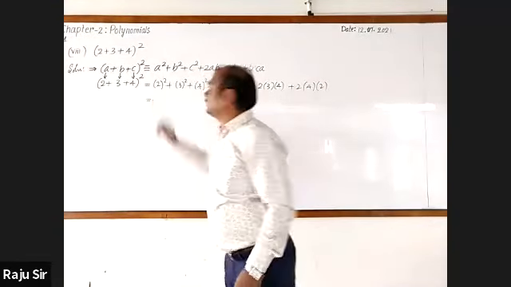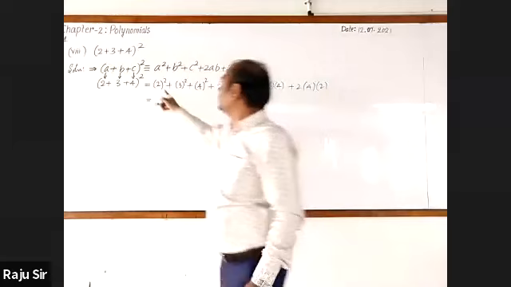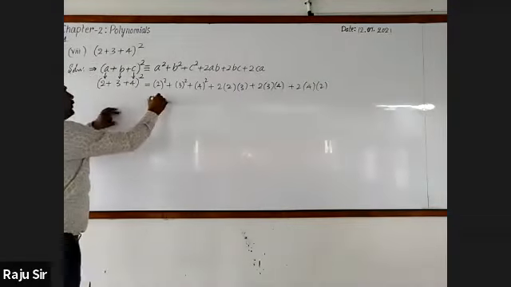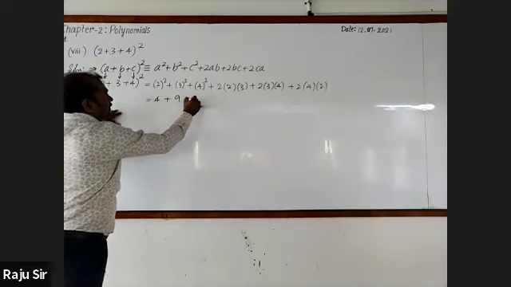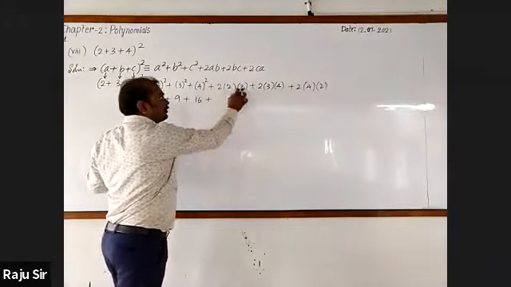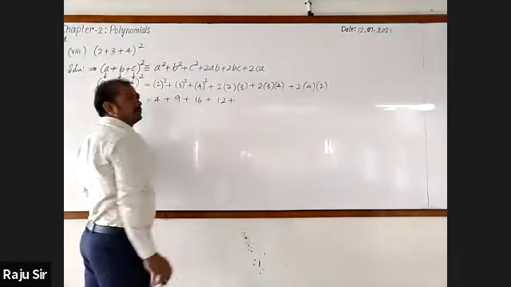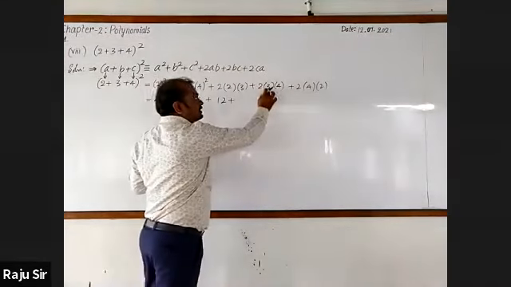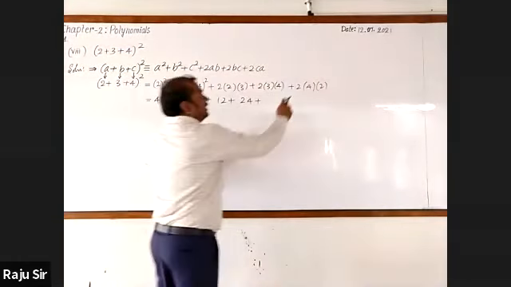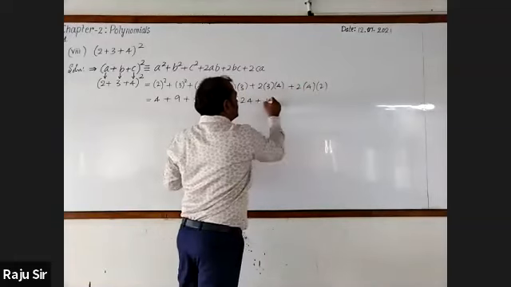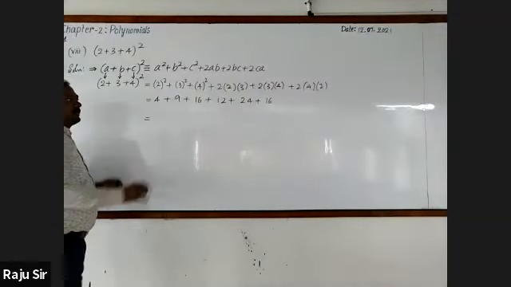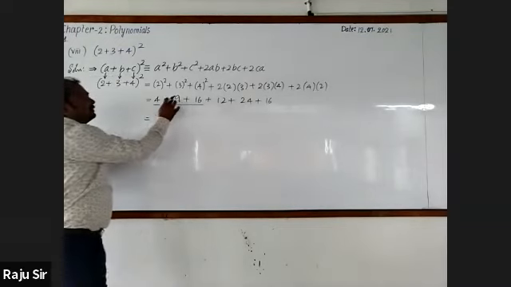Now 2 square is 4, 3 square is 9, 4 square is 16, 2 into 3 is 12, 2 threes are 6, 24, 2 fours are 16. So the sum is 81.